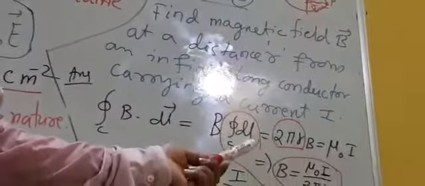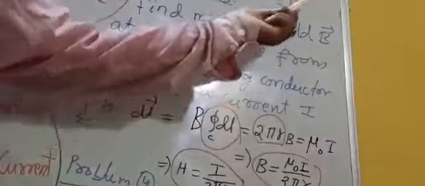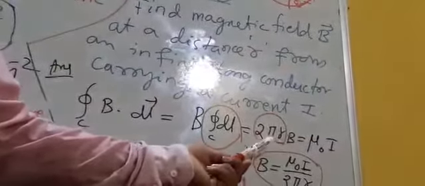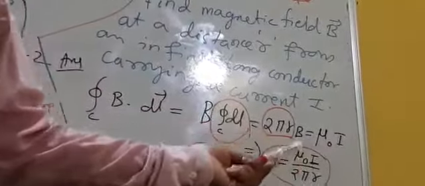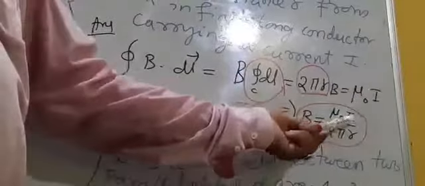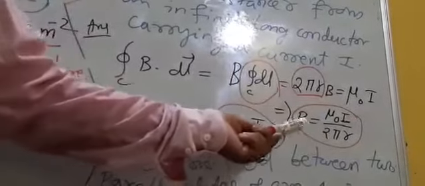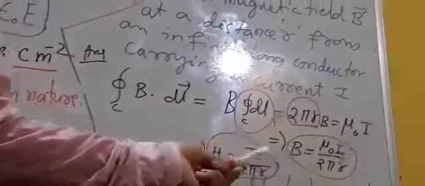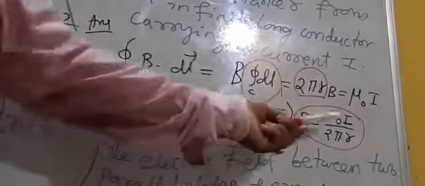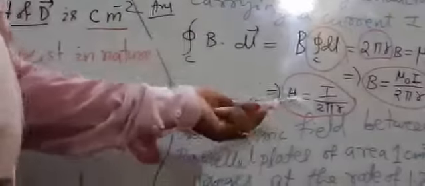The total is the circumference of the loop, that is 2 pi r. So 2 pi r times B is equal to mu 0 I as per the formula. So B is equal to mu 0 I by 2 pi r. If you change B to H, then B by mu naught is H, so H is equal to I by 2 pi r. So it is the expression of the magnetic field.